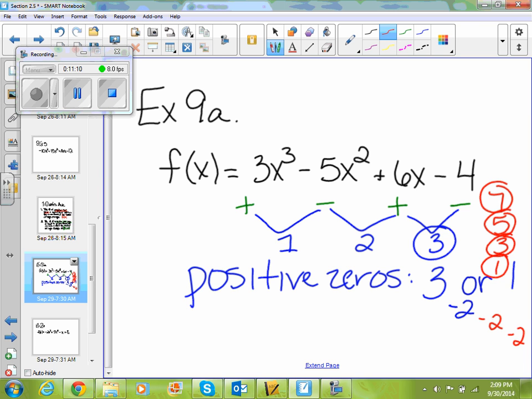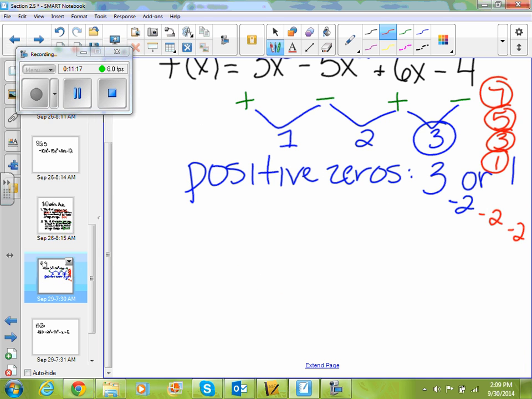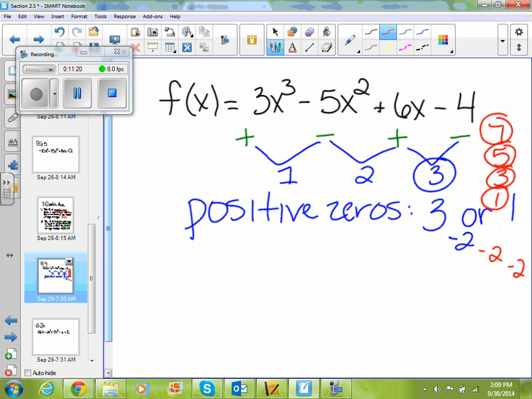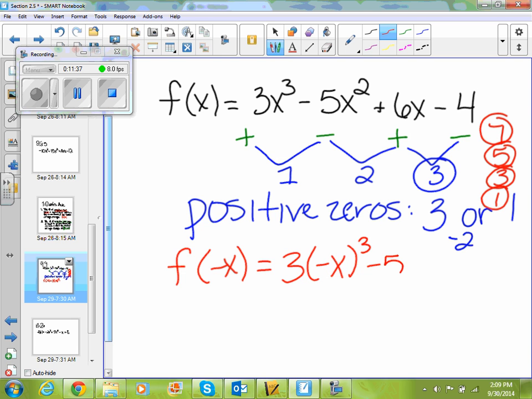Okay. The next thing we're going to look at is finding how many negative roots we have. To do that, we have to find f of negative x. So to find negative roots, we find f of negative x. If I plug in negative x for all of my x's, then I get 3 times negative x cubed minus 5 times negative x squared plus 6 times negative x minus 4.